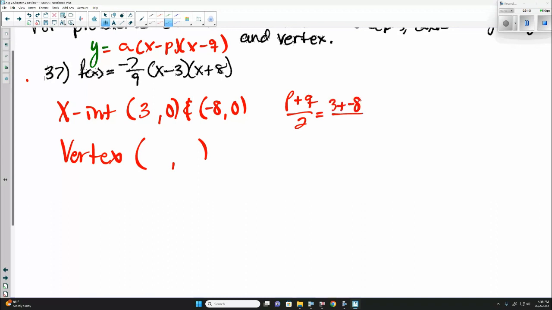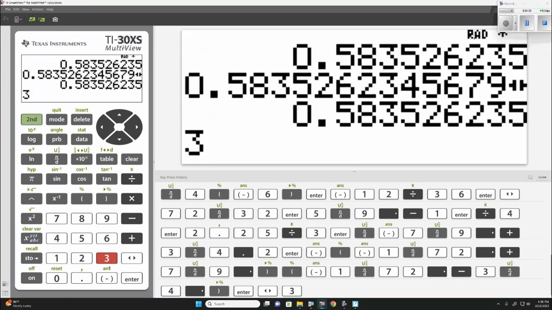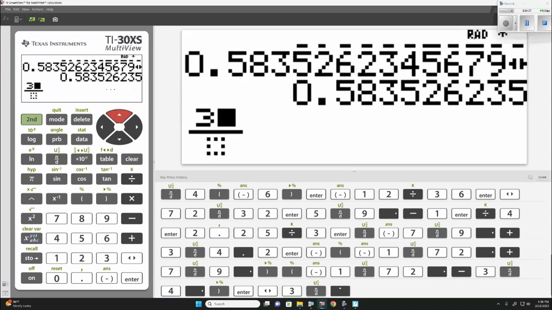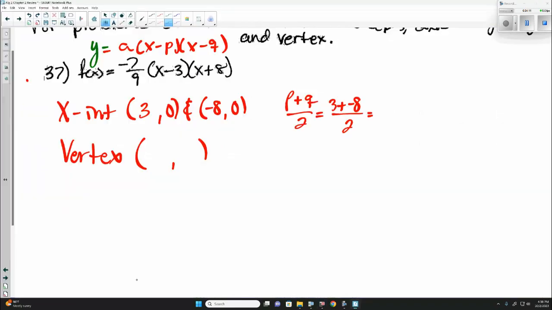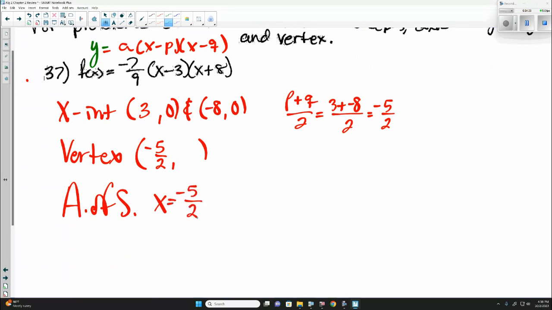So our p and q are 3 and -8. 3 plus -8 over 2 is -5/2. So it tells us the x value of the vertex is -5/2. And actually our axis of symmetry is x equals p plus q over 2, and it's also -5/2.